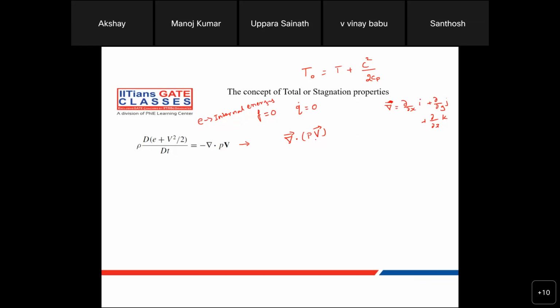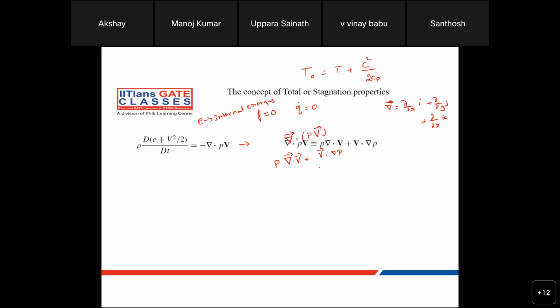When applied on a vector with a dot product, you call it divergence of a vector, multiplying individual components, an inner product. But there is one more scalar sitting here, so we have to use vector identities: P times del dot V plus velocity vector times grad P. When del operator is applied on a scalar, it is a gradient, because we cannot apply a dot product to a scalar.